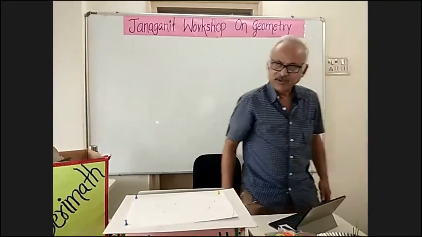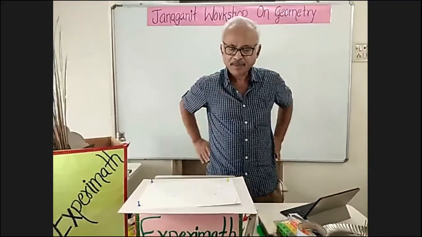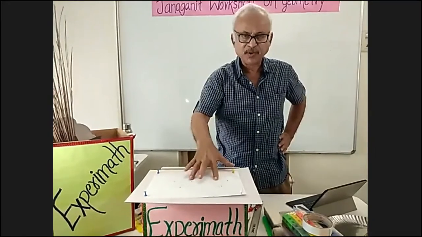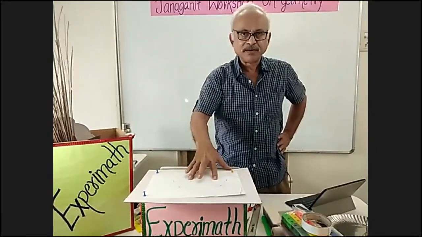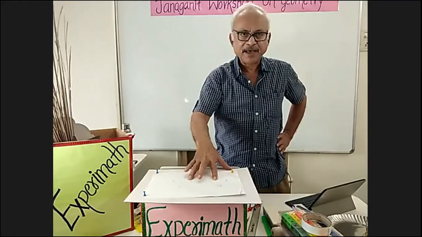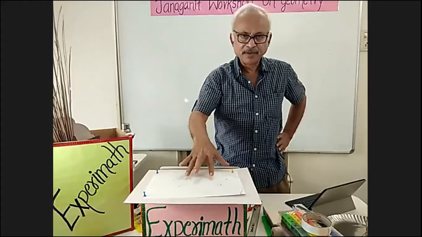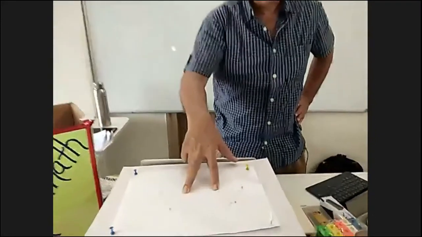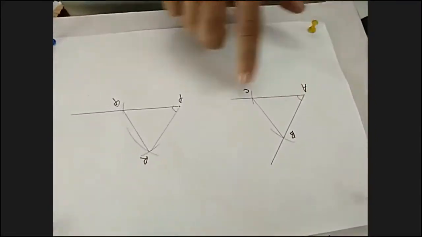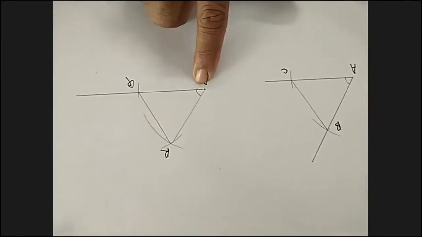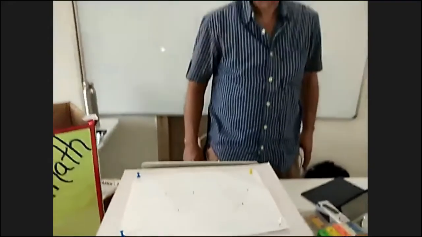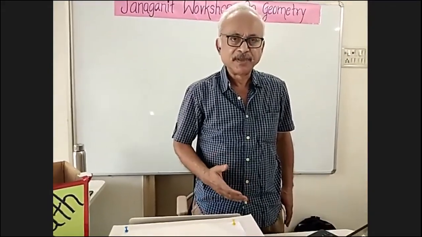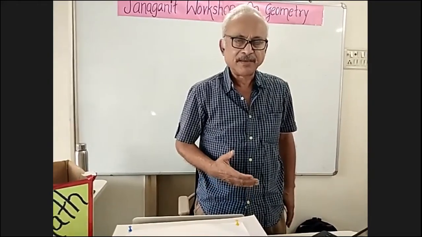So, as you can see, we have made two triangles which are congruent to each other. And since the triangles are congruent, the angles are also equal. The angle at A is equal to the angle at P. All right? So now we know how to construct an angle equal to another angle using a compass and a scale.